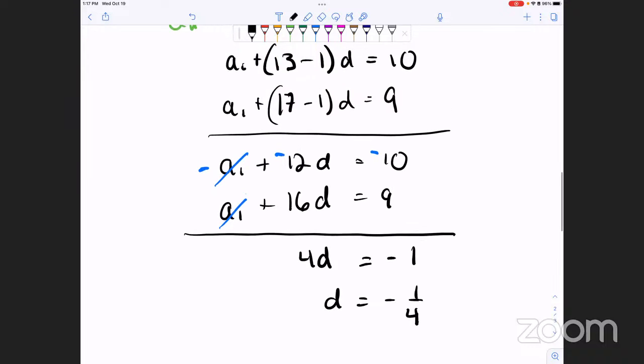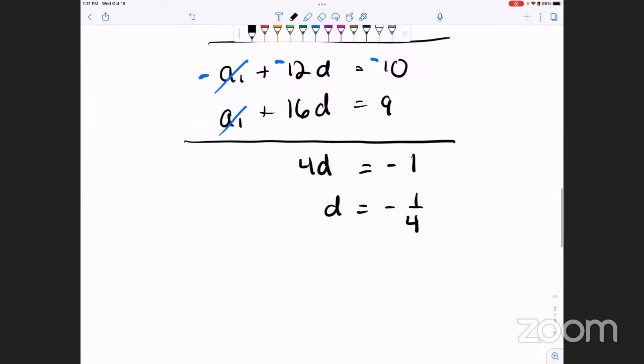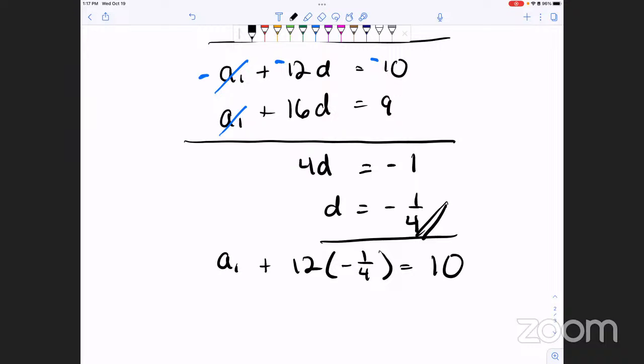Then I could use either equation. I'm going to use the first equation to solve for a_1. So I'm going to take that result we got and plug it in: 12 times negative 1 over 4 should equal 10. So 12 divided by 4 is 3, so that's going to be negative 3.